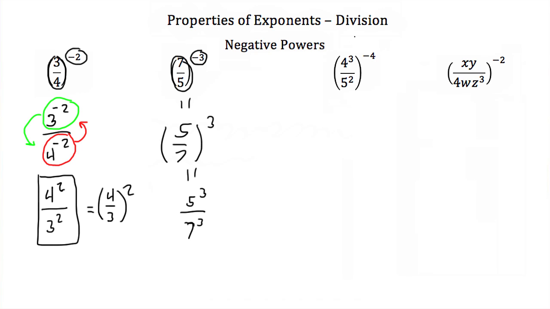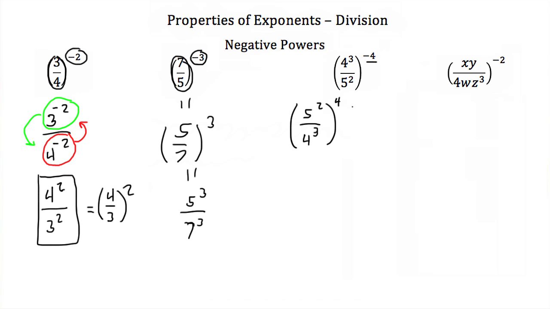Now what happens if we have a power to a power? Here we have 4 cubed divided by 5 squared, all to the negative 4th power. Well, we can still change this into a positive and take the reciprocal of this. So this will change into 5 squared over 4 cubed, all raised to the positive 4th power.